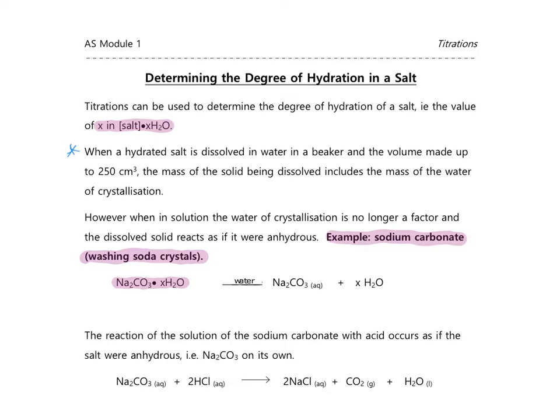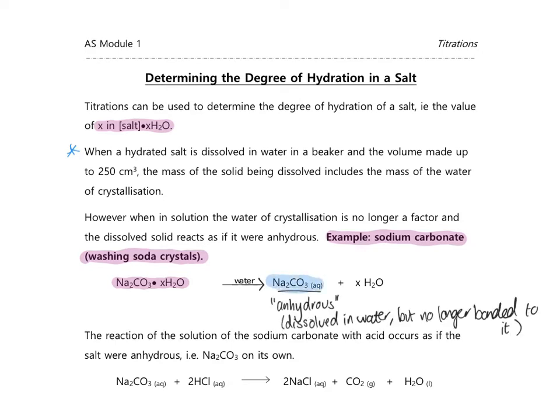And that's represented in the equation that you can see. The little arrowhead is missing, so you could add that in just here. So our hydrated sodium carbonate would break up into sodium carbonate that we can essentially treat as anhydrous, dissolved in water but no longer bonded to it, plus your XH2O.